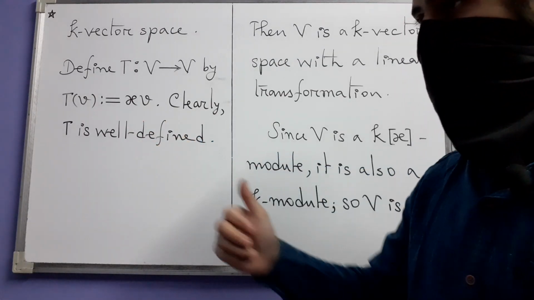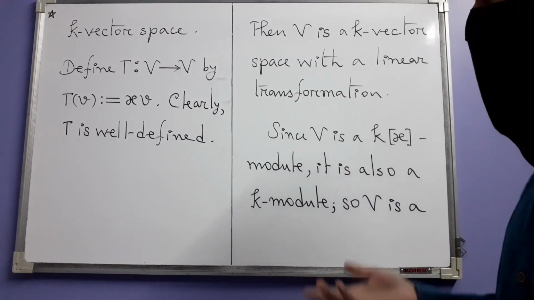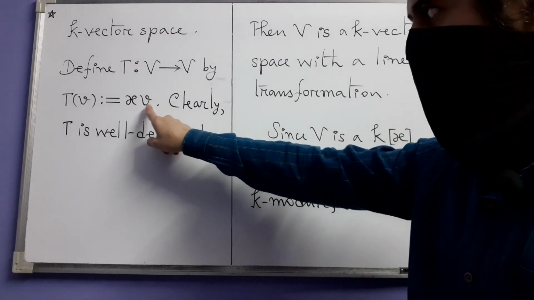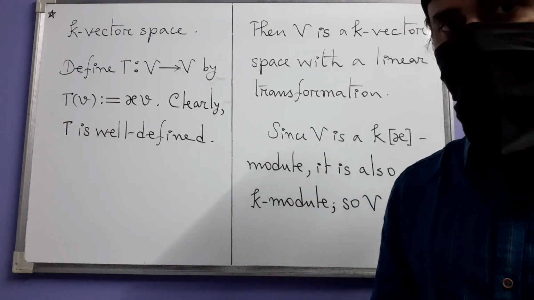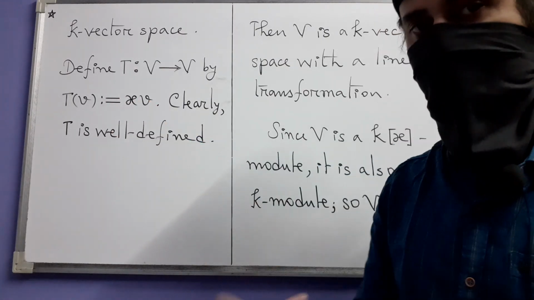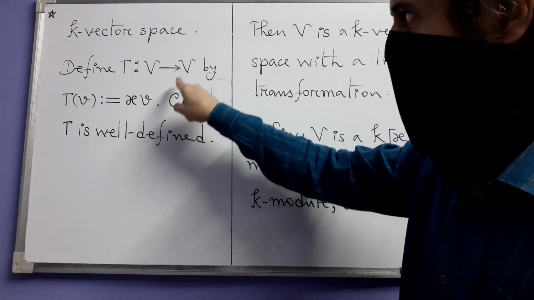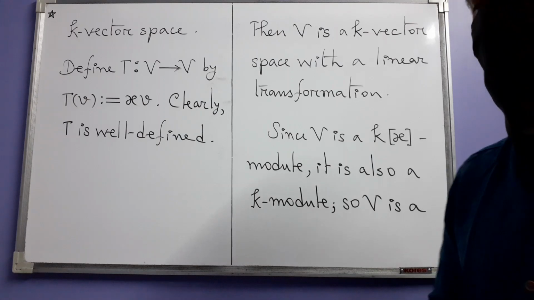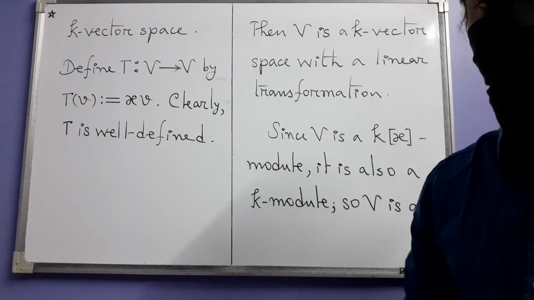It is that product that we already have in the module V. Because this is a K[x] module, you can multiply any element v of V by a polynomial coming from K[x]. In particular, you can multiply v by x also. So this will then be a unique element again in V, because we have module multiplication with us. So that is why T becomes a well-defined function.